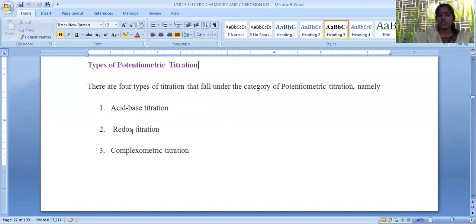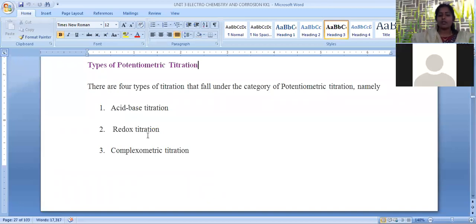Then second is redox titration. The reaction carried out between titrant and titrate is a redox reaction, oxidation and reduction simultaneously, and the EMF values change. Those EMF values are used to determine the endpoint. Complexometric titration is when the titrate is taken in the conical flask and the titrant is filled in the burette.